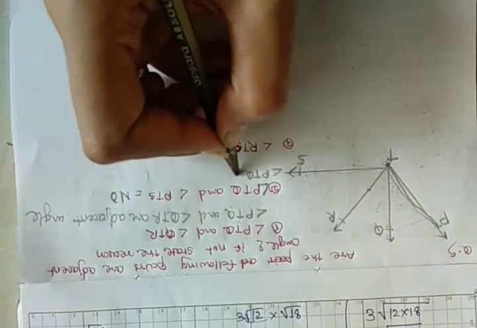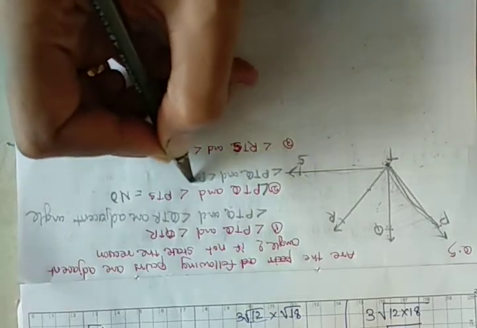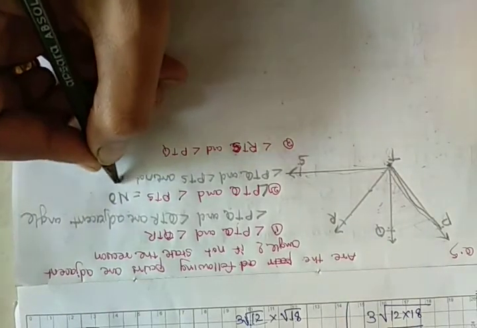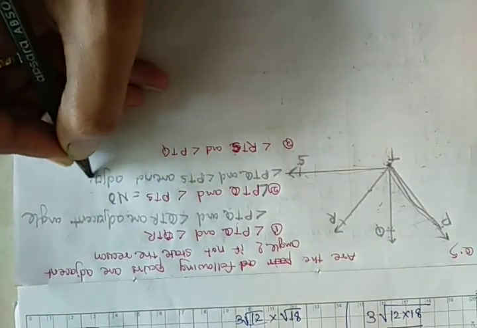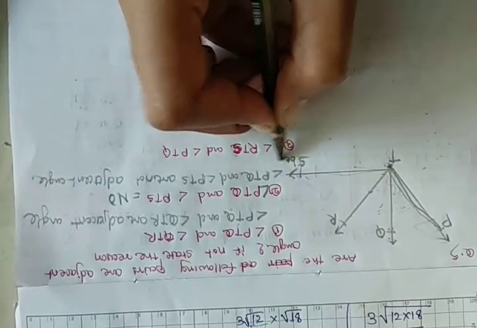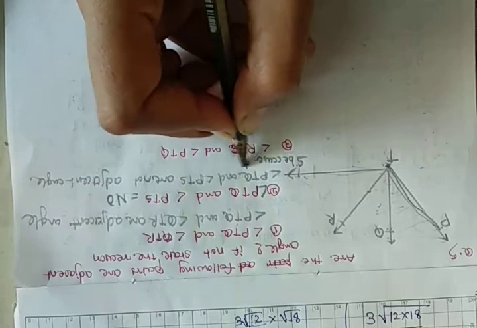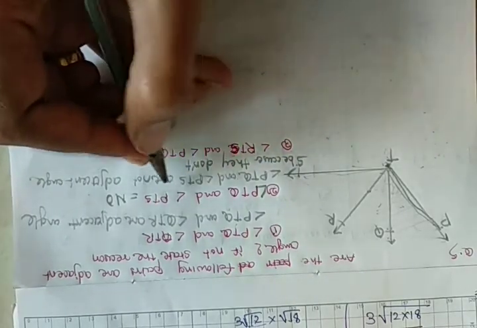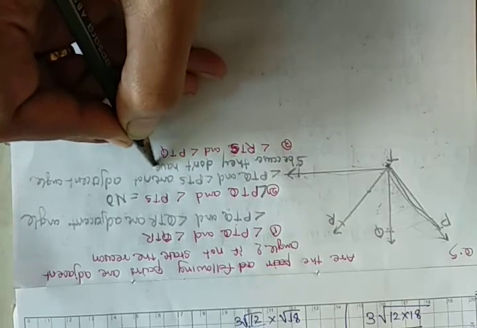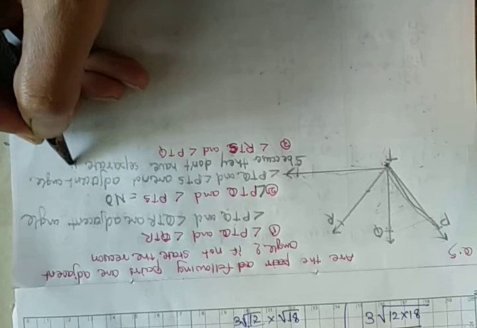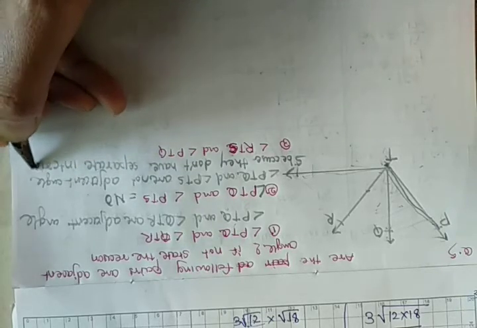So angle PTQ and angle PTS are not adjacent angles because they don't have separate interior.